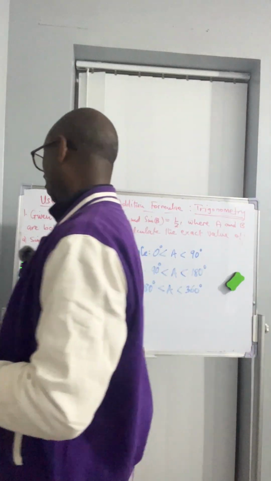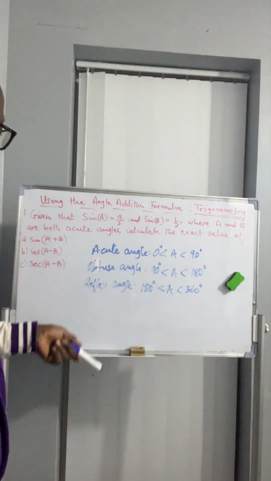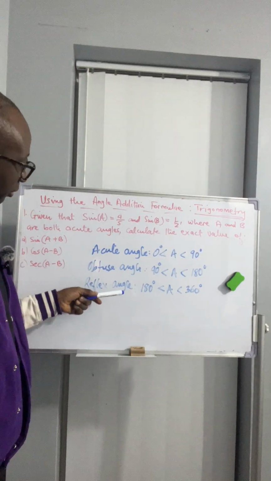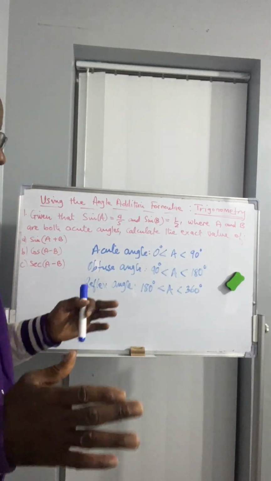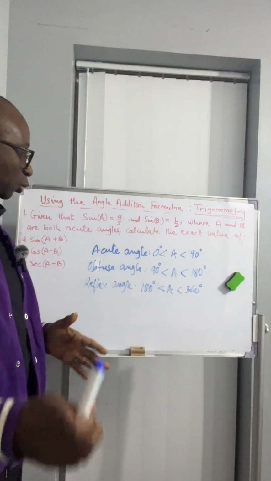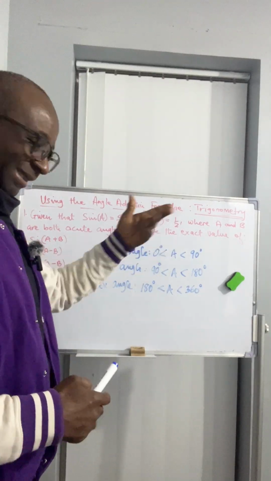So whenever these words are mentioned in a problem, acute angle, obtuse angle, reflex angle, you should be able to tell where that angle falls, the range of that angle. Acute, that angle is bigger than 0, but less than 90.